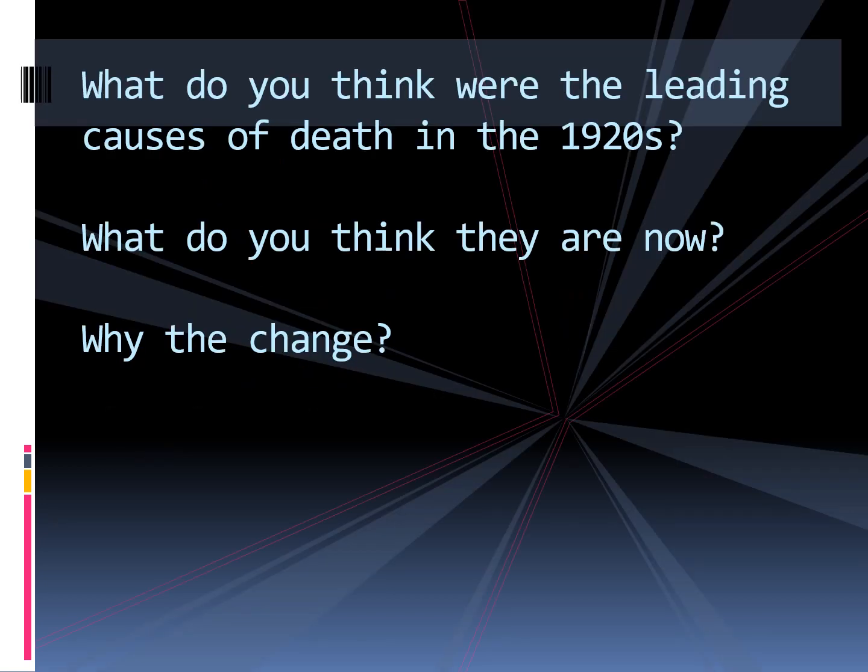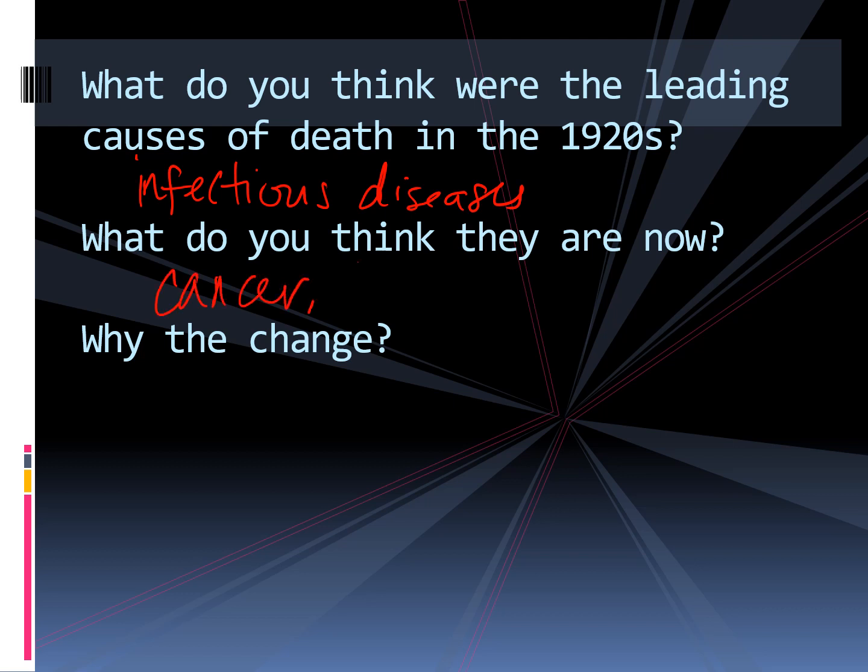All right, so what do you think were the leading causes of death in the 1920s? Think about this, it's before all the medical advancements we've had. So the leading cause of death, before vaccines and everything, was actually infectious diseases. However, now it would actually be cancer and heart disease.